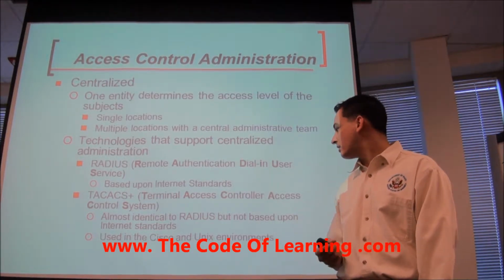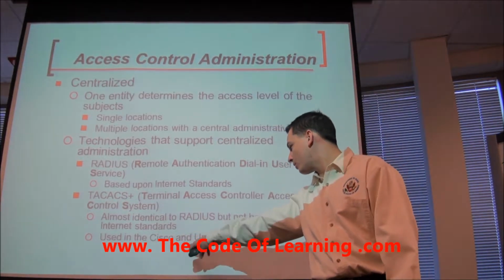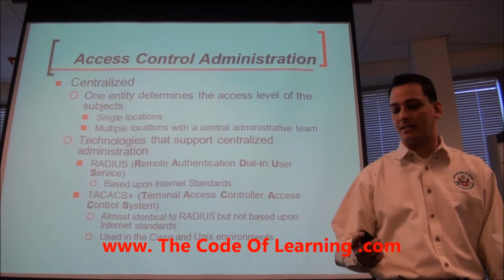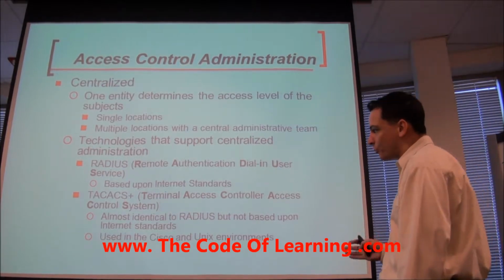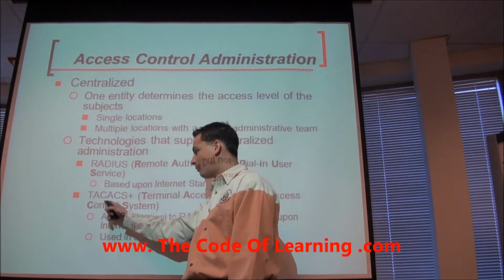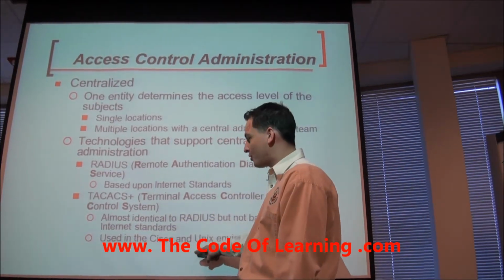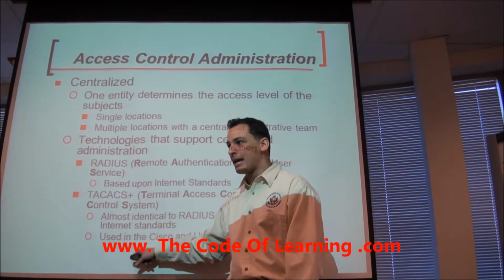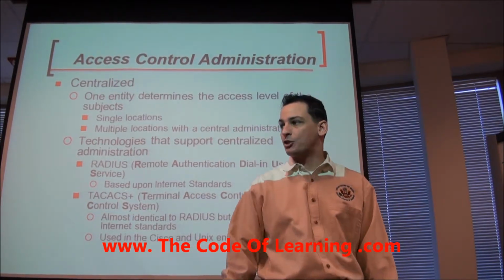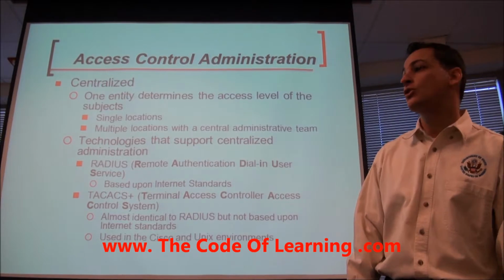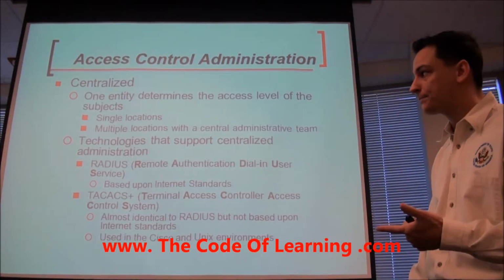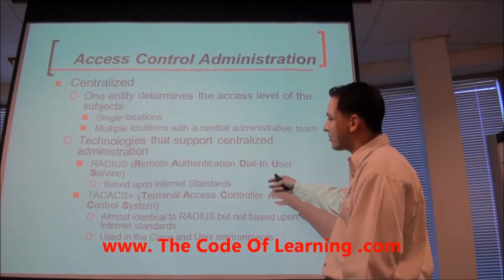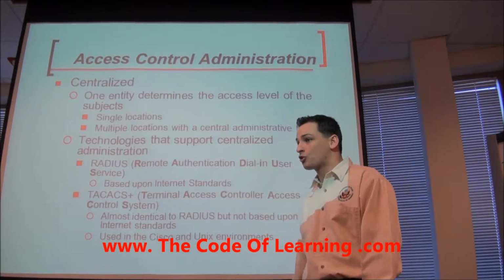TACACS+ is a Cisco proprietary protocol, used in Cisco and Unix environments. A couple of the major differences, write this down: it splits the AAA database. It uses a separate database for authentication, authorization, and accounting, whereas RADIUS has a combined AAA database.